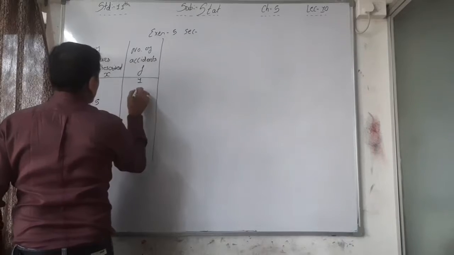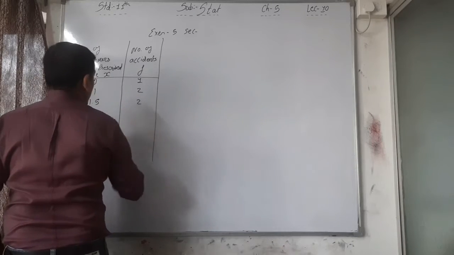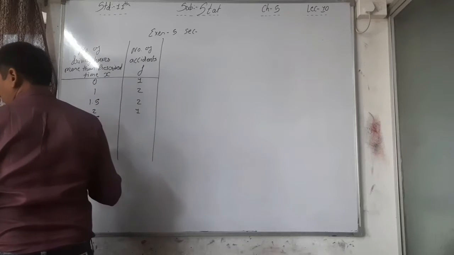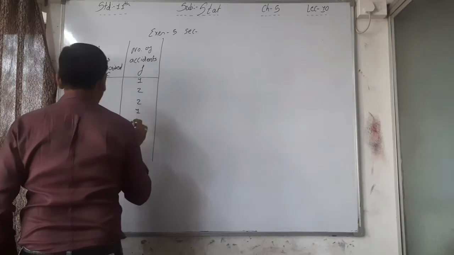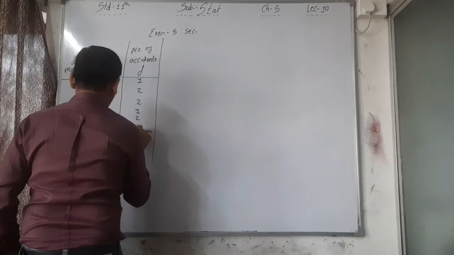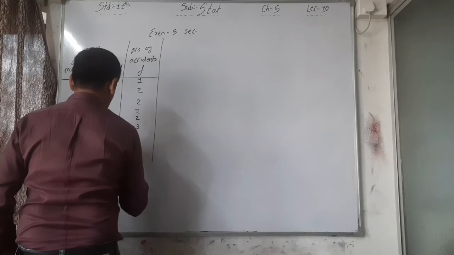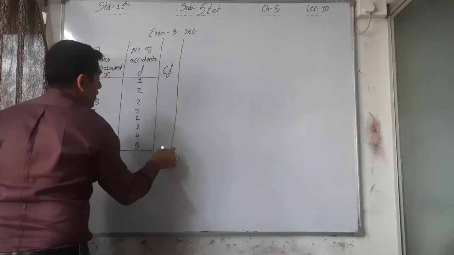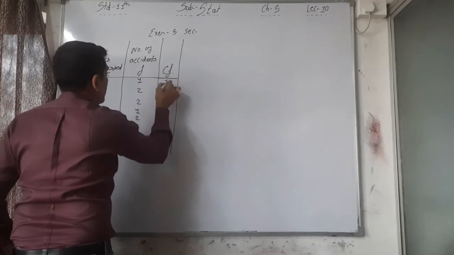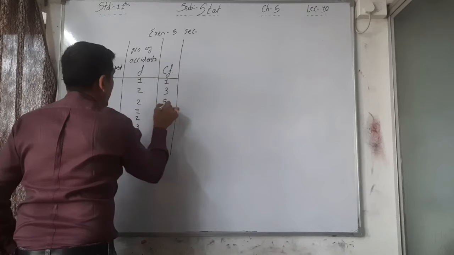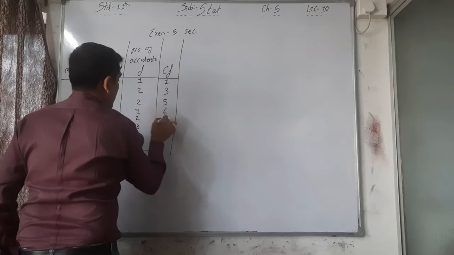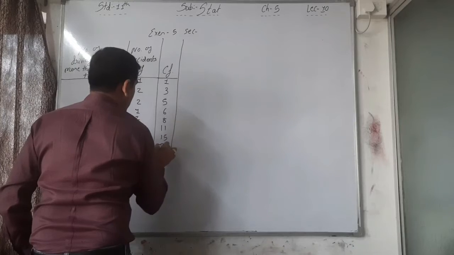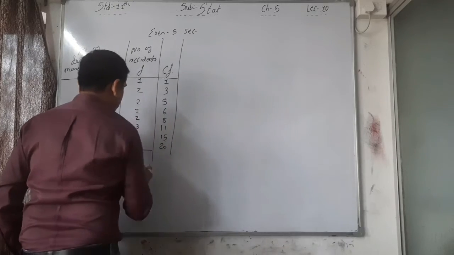That is 2. Again, what is the frequency of 1.5? That is 2. Now 1, then 2, 3, 4, 5. And then the cumulative frequency: 1, 3, 5, 6, 8, 11, 15 and 20. So n is equal to 20.